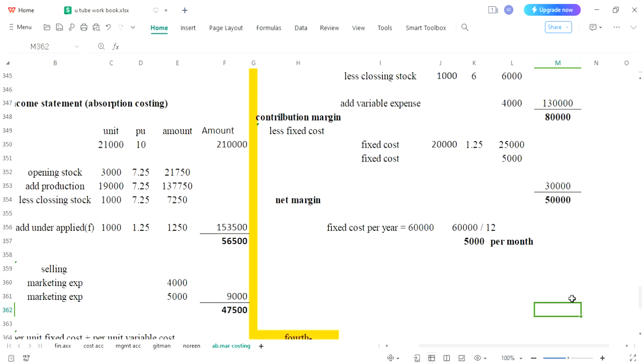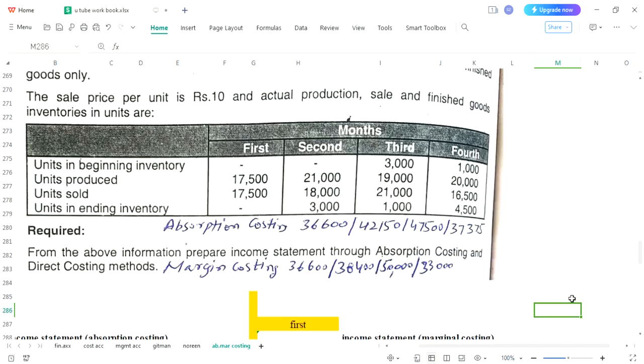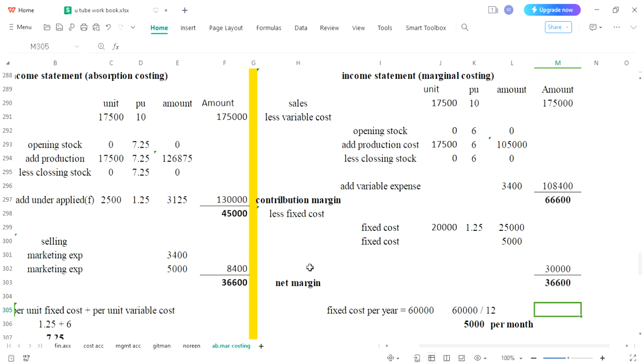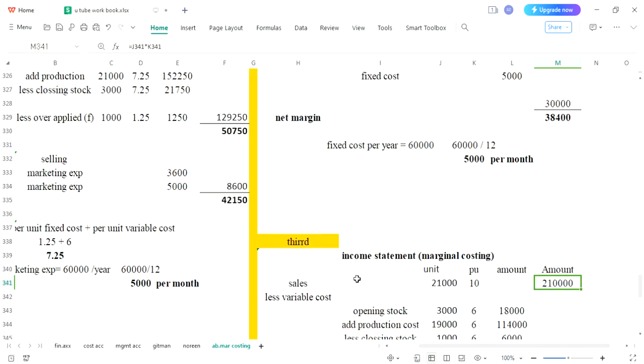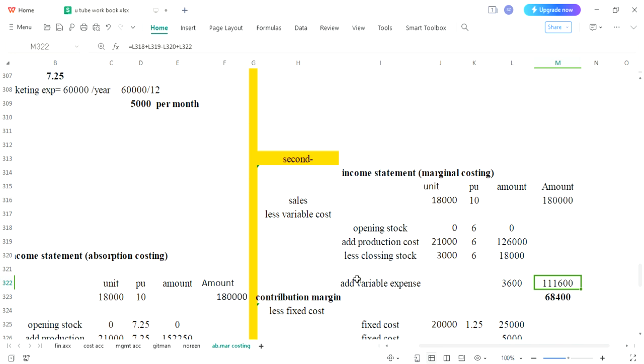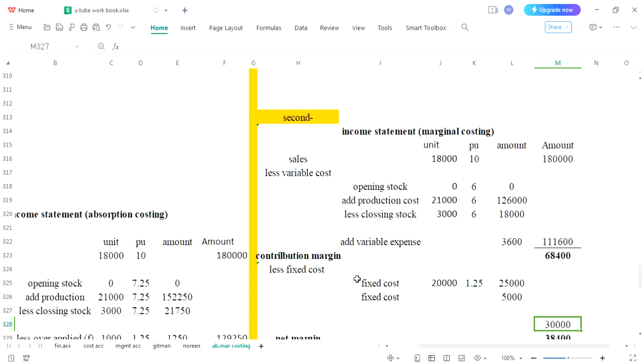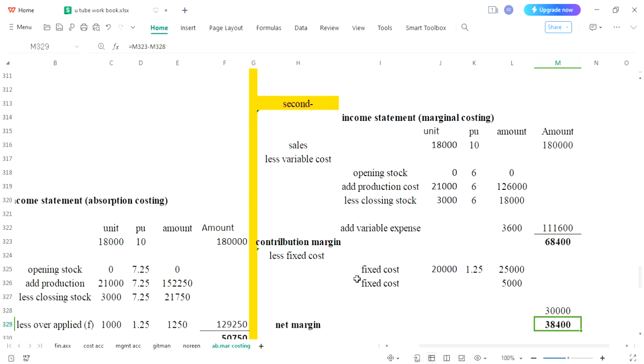Let's review all answers for marginal costing. Marginal costing first answer, this is your first part, 36,600. So here is your answer 36,600. And for the second part I think it is 38,400. You have calculated 38,400.